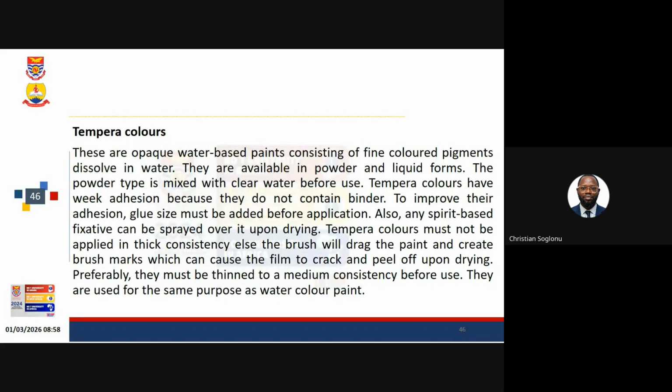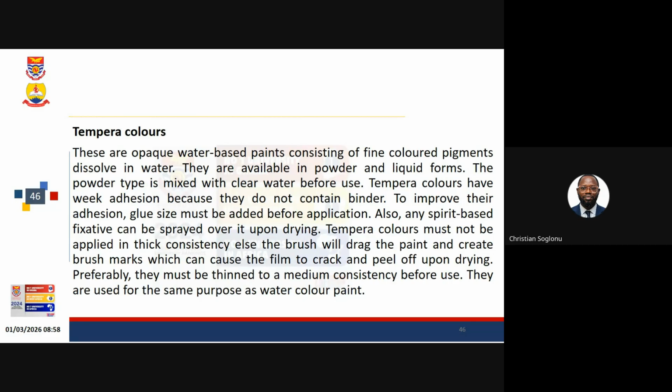So tempera colors are opaque water-based paints consisting of fine colored pigments dissolved in water. They are available in powdered and liquid form.